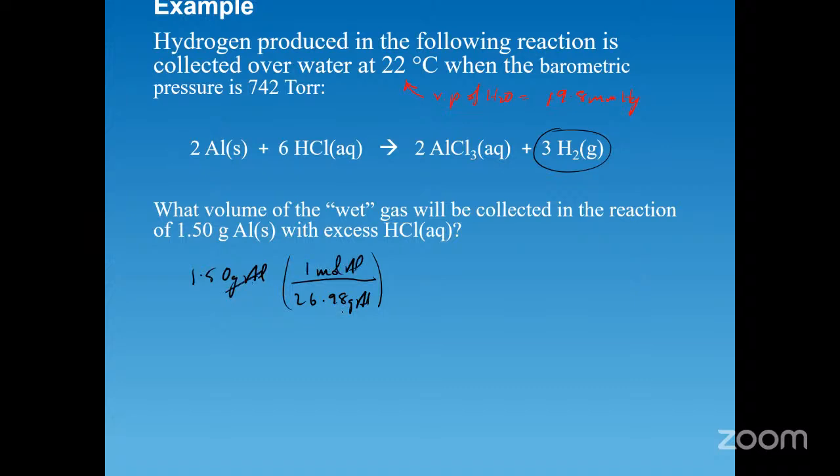So this will cancel out with that, and then the mole ratio between the hydrogen and aluminum, based on the equation here, is a 3:2 mole ratio. So you're going to have 3 moles of hydrogen above, 2 moles of aluminum below. And then we calculate that: 1.5 divided by 26.98 times 3 divided by 2.